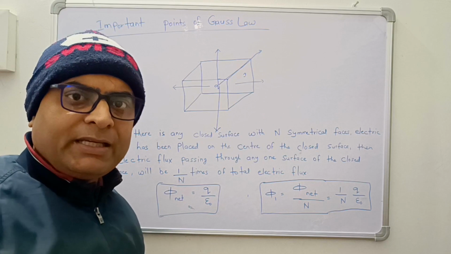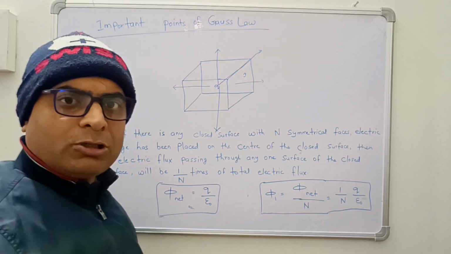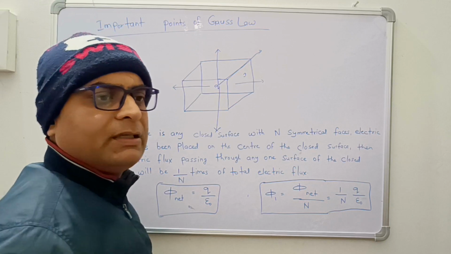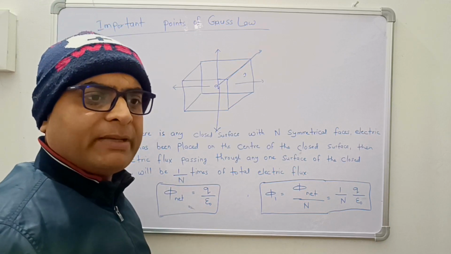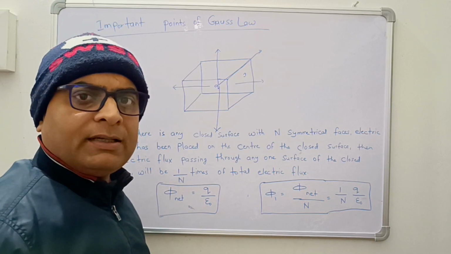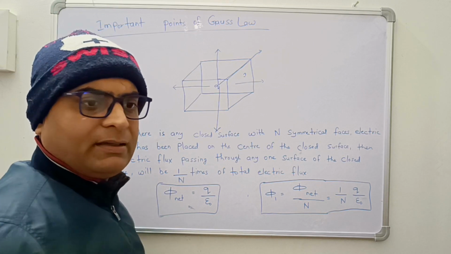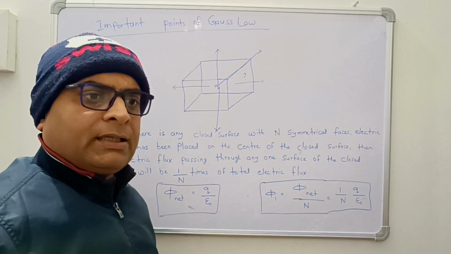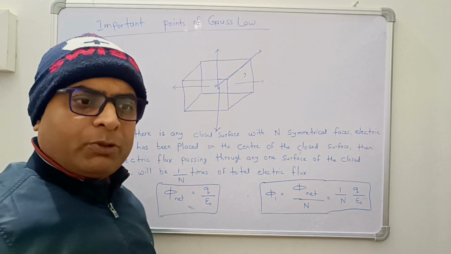So this is a very important topic of Gauss law, and you already know that you have to keep certain points in mind while deriving Gauss law. Gauss law generally depends upon 3 factors.